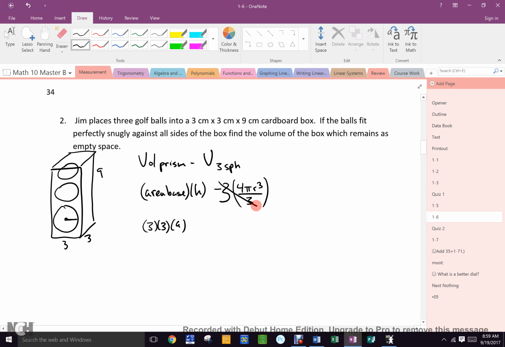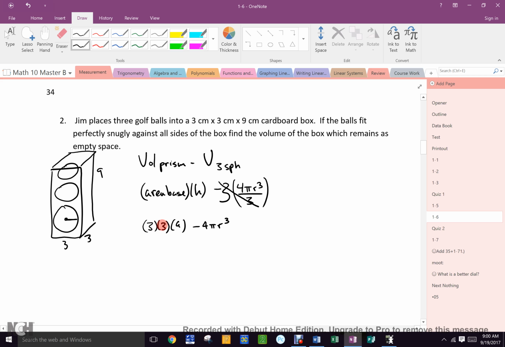Because this is multiply and they're gone. If you write out the formula, does it save you a ton of work? Yes. So I know I just have to subtract 1 sphere, 4 pi r cubed, without the 3. And now I can punch that into my calculator, can't I?